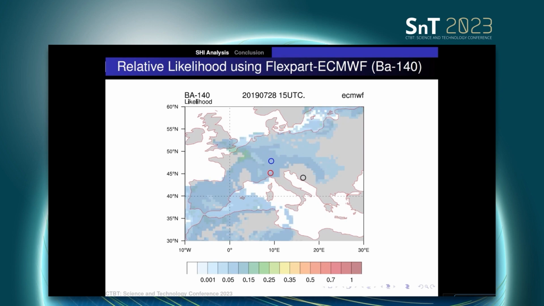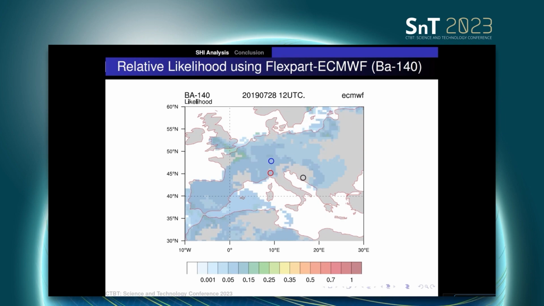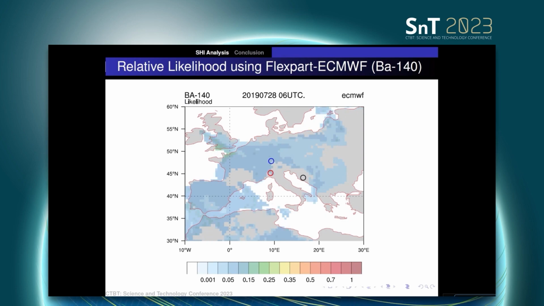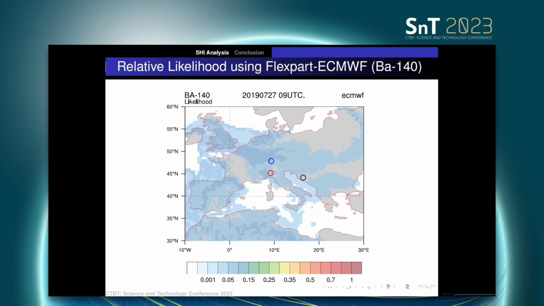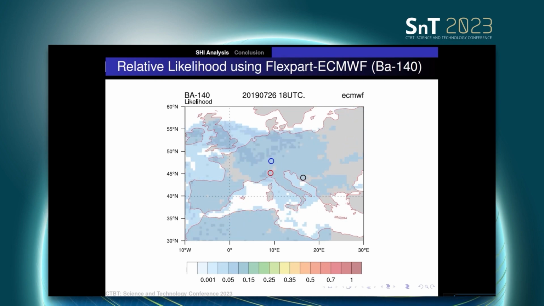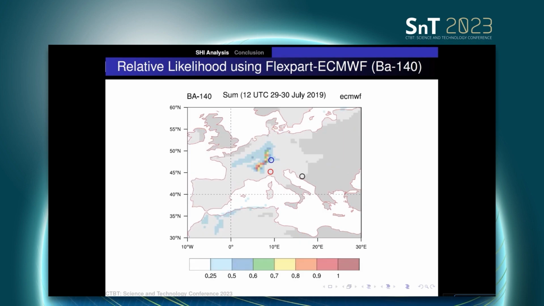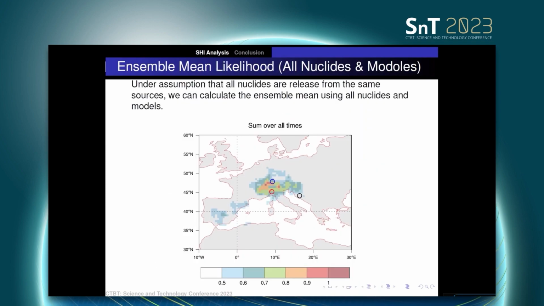In that simulation, we're using only barium-140 and the FLEXPART ECMWF atmospheric model. If we make a summation of all likelihood functions for all times, we get this. This is a summation over all times, using a different scale to show only the significant likelihood function.